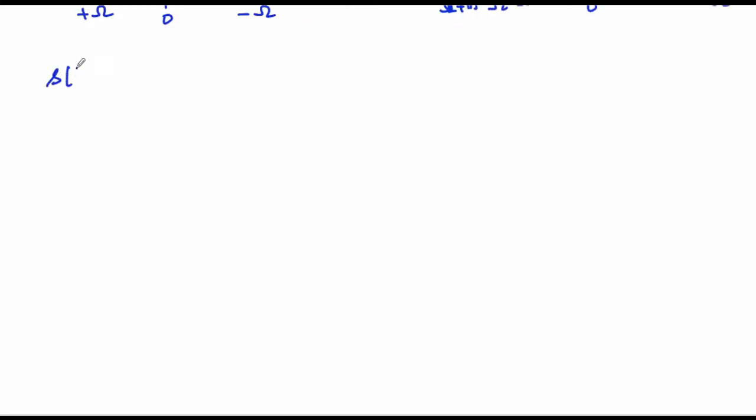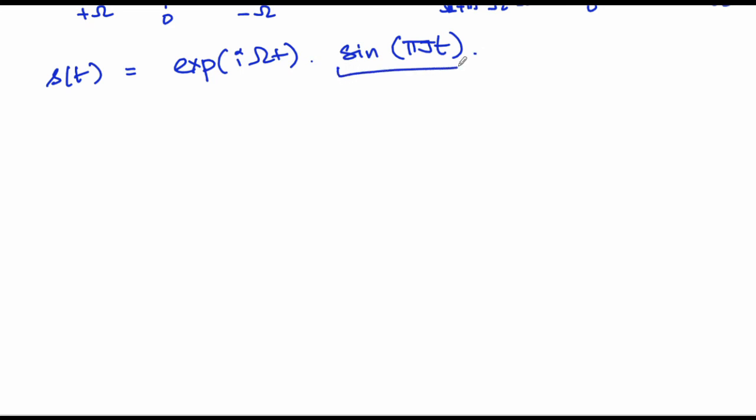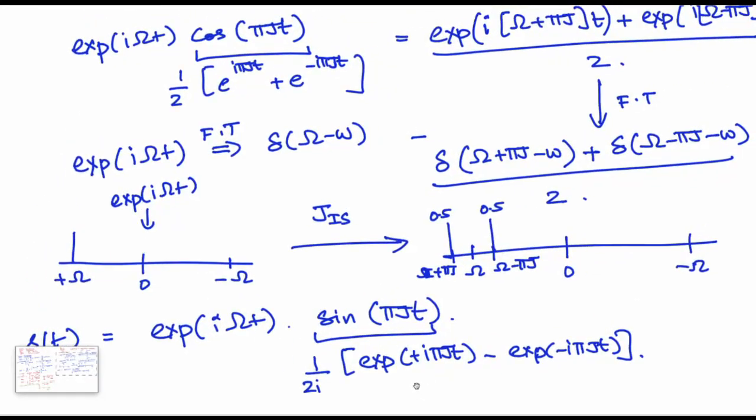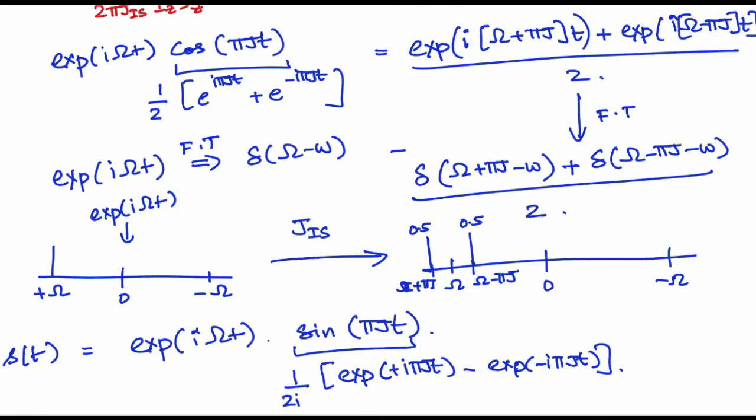If your time domain signal is given by exp i omega t times sine pi J t, previously we saw cos pi J t. This can also be decomposed into 1 over 2i times exp plus i pi J t minus exp minus i pi J t. The only difference is that previously you had e power i omega plus pi J times t plus e power i omega minus pi J times t divided by 2.